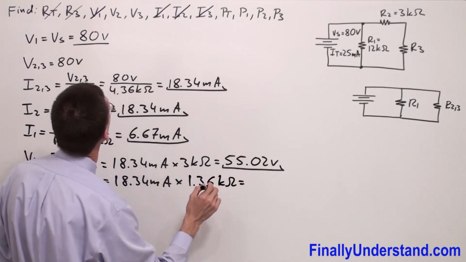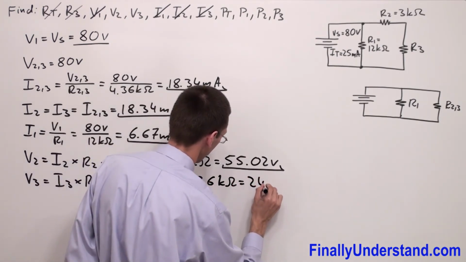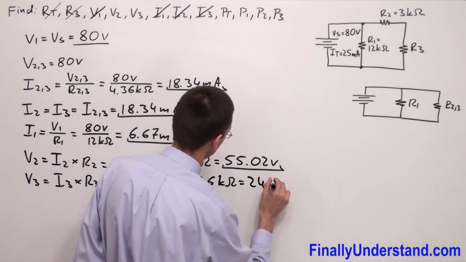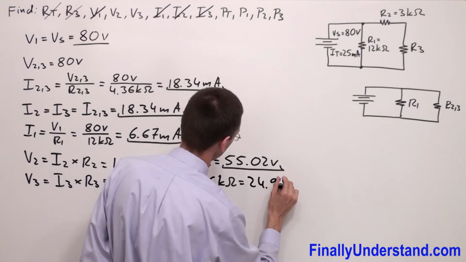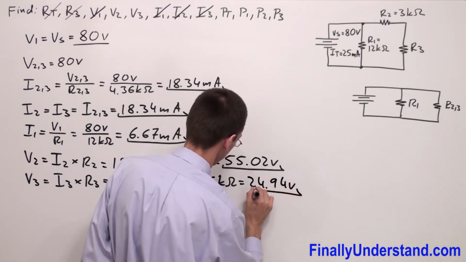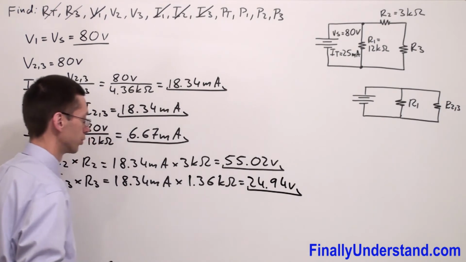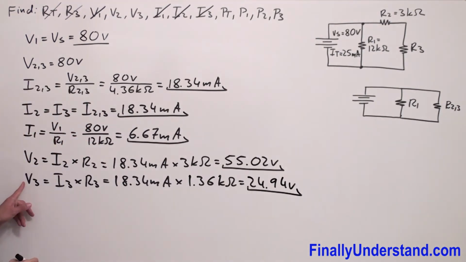Everything is equal to 24.94 volts. Okay, so this is my voltage across resistor 3.